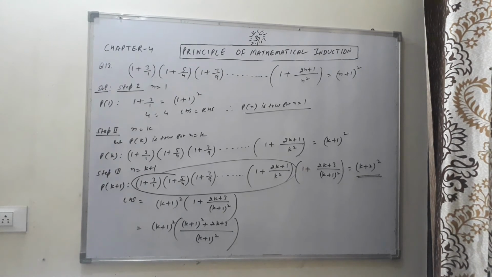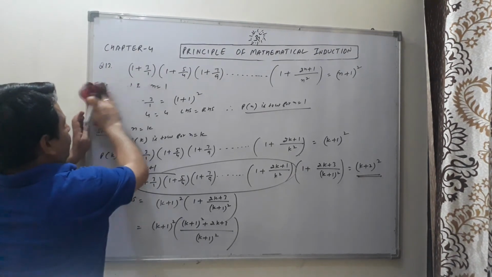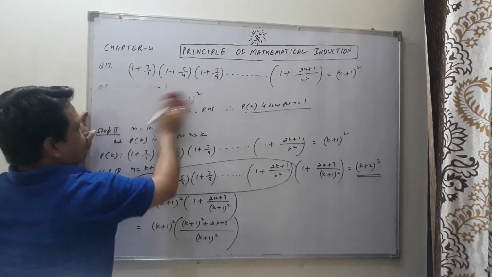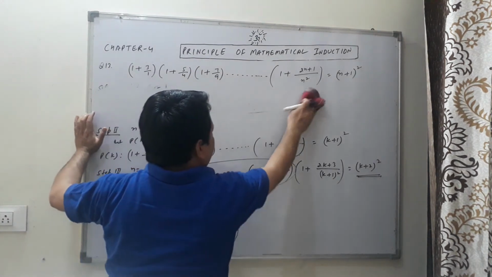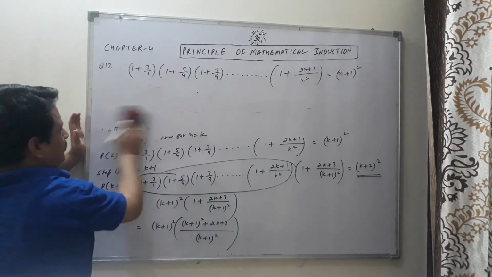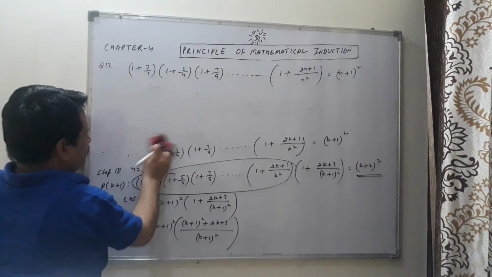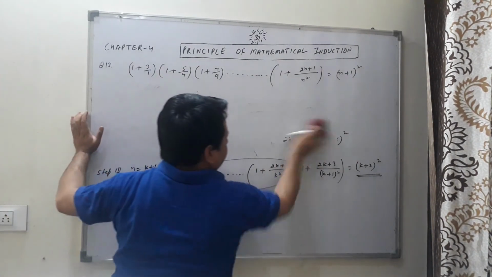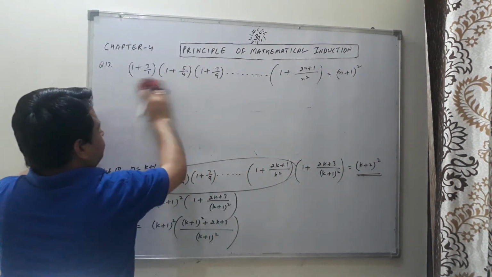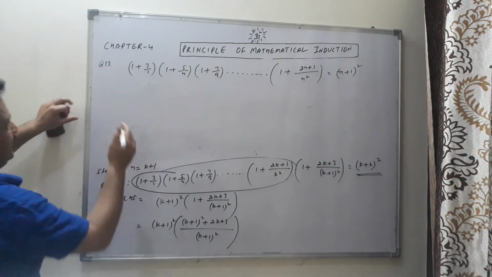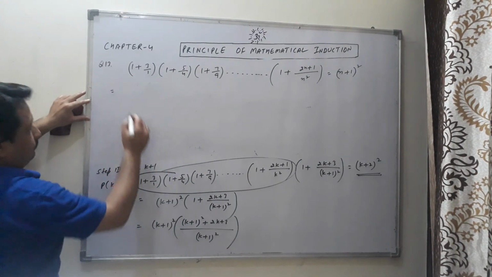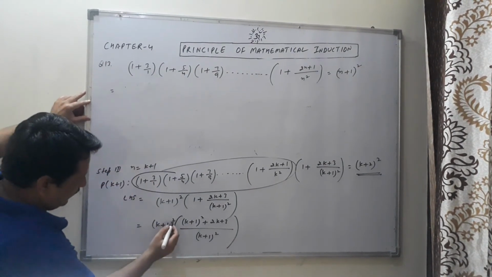Now, students, very easily we can solve it. By solving, it will come equal to the right hand side. So let us see, we can cancel it.